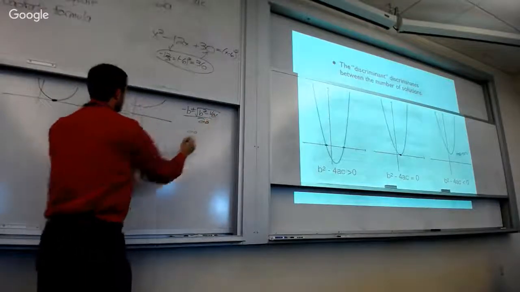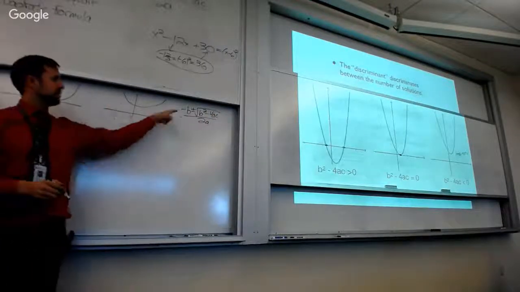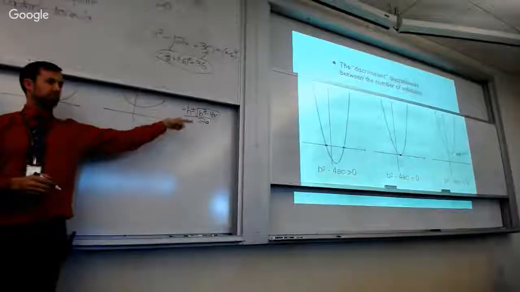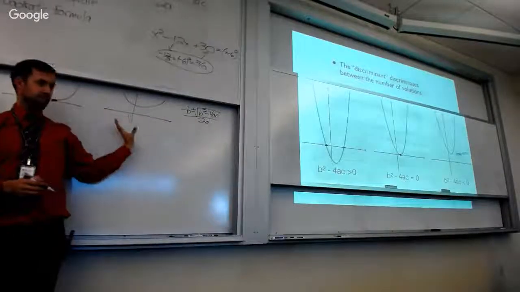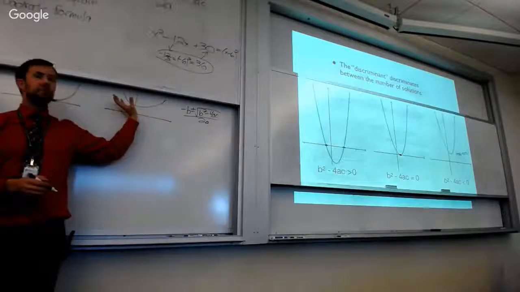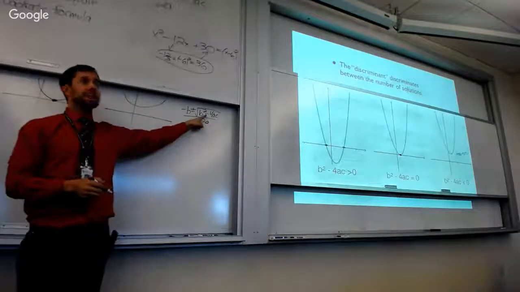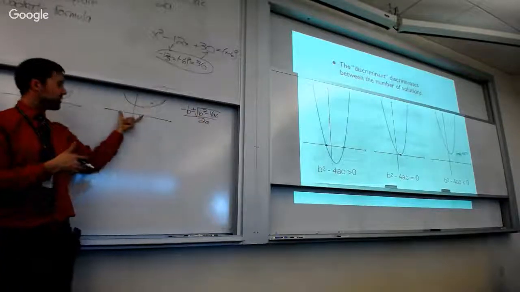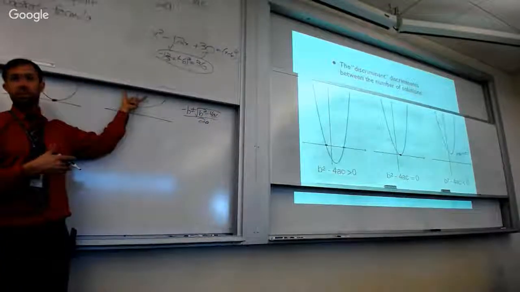When you do the quadratic formula and you get a situation like this, what goes wrong? What part of the quadratic formula goes wrong that we know that the parabola is floating above? Yeah, we square root a negative, right? If you're square rooting a negative, that means it's imaginary, which means there are no x-intercepts because the parabola is floating above.